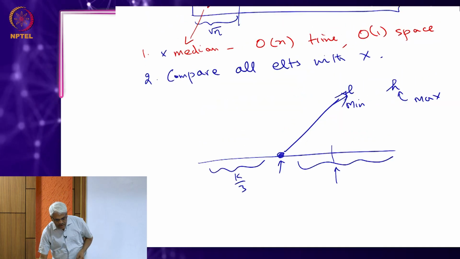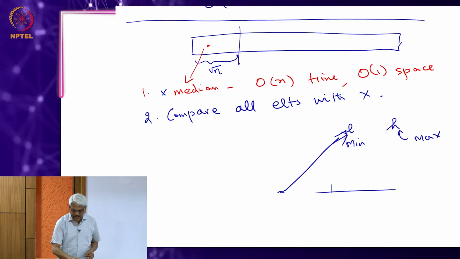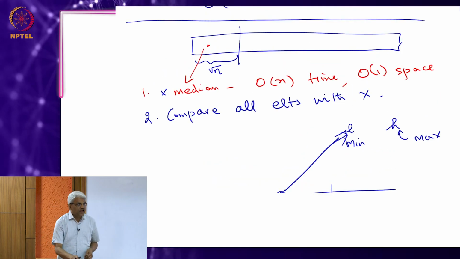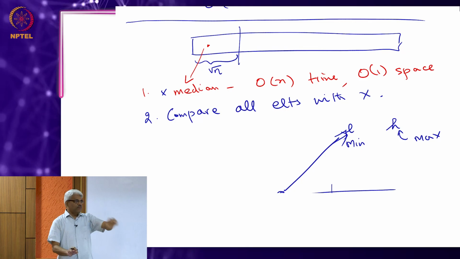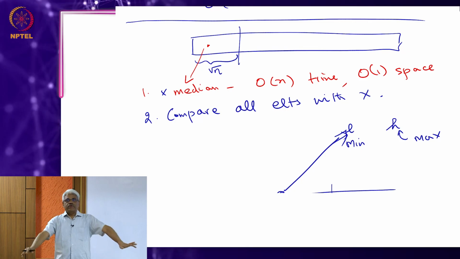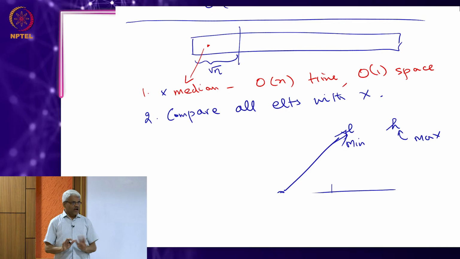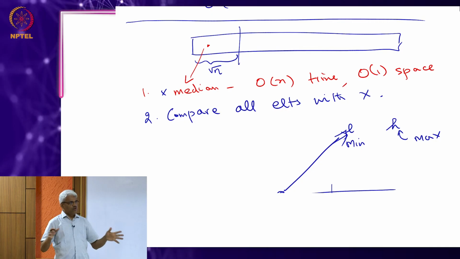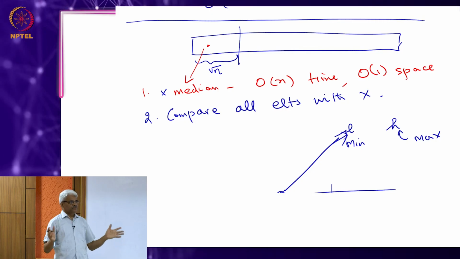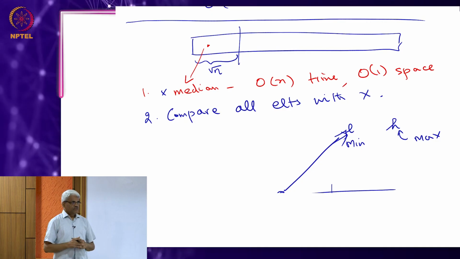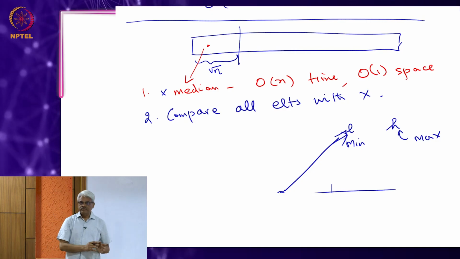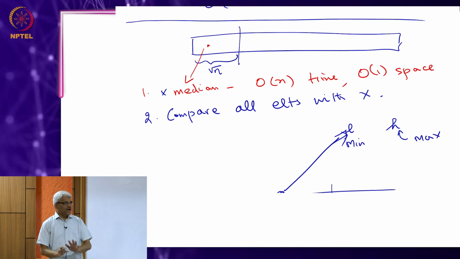But remember, this x is already a median of some root n elements. So already I know root n by 2 elements are on this side, root n by 2 elements are on that side. So regardless of what it is, I managed to throw away root n by 2 elements, whether I go right or go left. And all this in linear time, constant space.